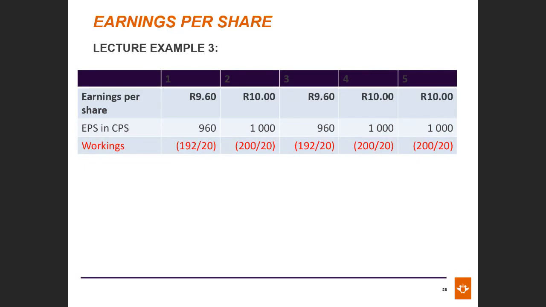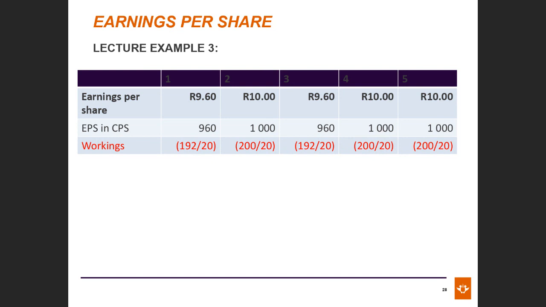Then if we have a look at the third scenario, the preference dividend was deducted. So that gave us basic earnings of 192,000 Rand. And we divided that by our number of ordinary shares being 20,000. And that gave us an earnings per share of R9.60. If we have a look at the fourth scenario, here remember the preference shares were definitely redeemable and therefore were treated as a liability.